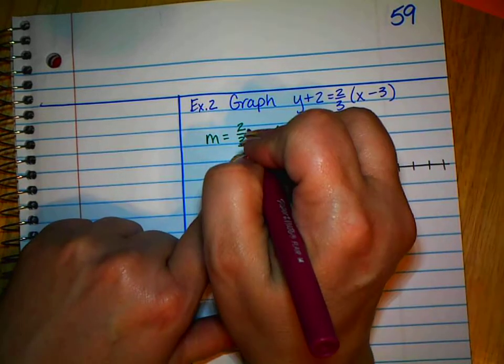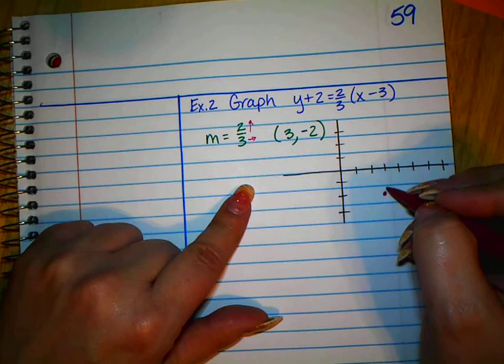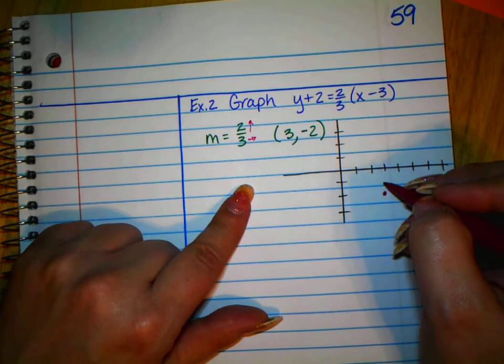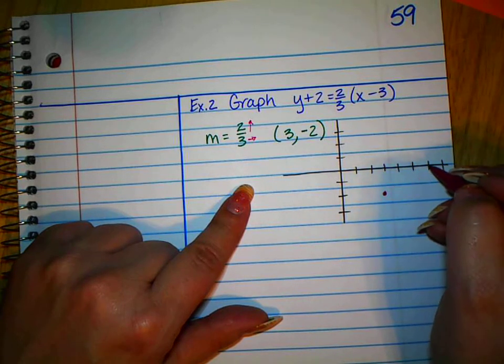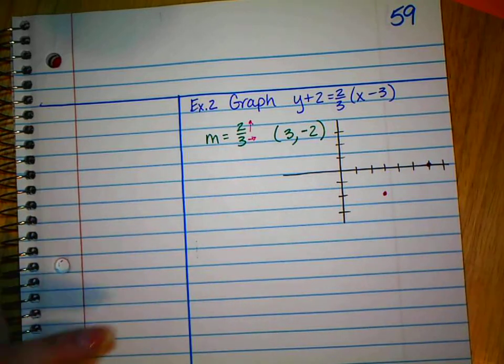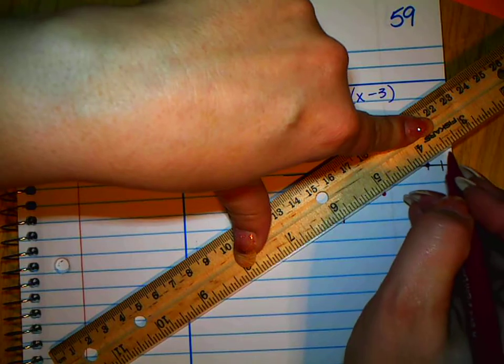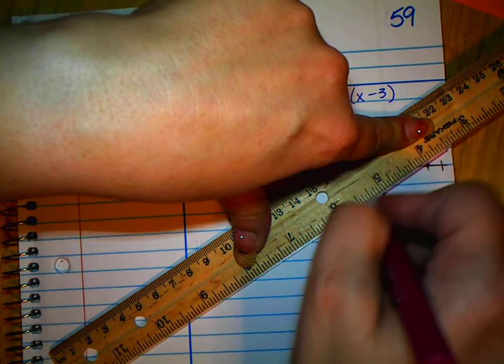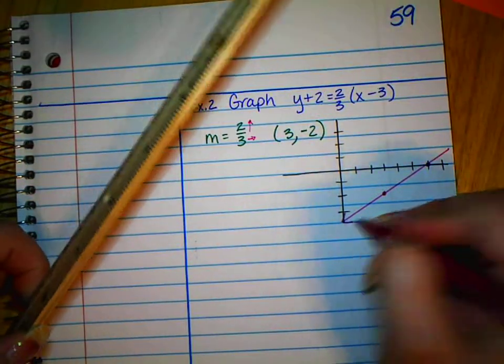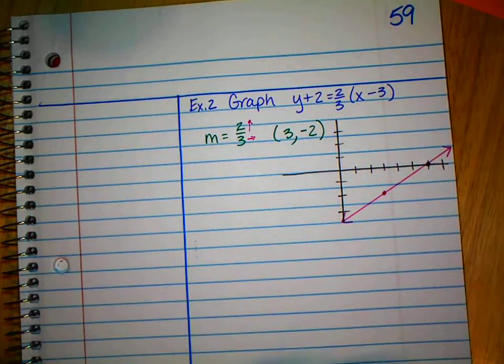And then my slope means I go up 2 and to the right 3. So 1, 2, 1, 2, 3. And then I'm going to take my straight edge and I'm going to line those points up, and then I will draw my line.